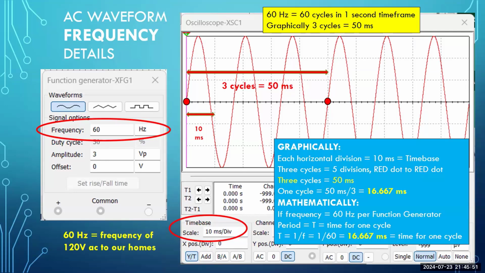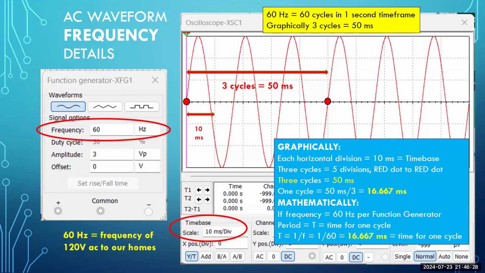But if we were to take our oscilloscope probes and make a measurement of your AC waveform coming out of the wall outlet, it would peak at about 170 volts peak, but your digital multimeter would read something close to 120 volts RMS. Because remember, we use the oscilloscope to measure the waveform, but we use the digital multimeter to read the steady value of voltage that we commonly associate with our household electrical appliances as being 120 volts.